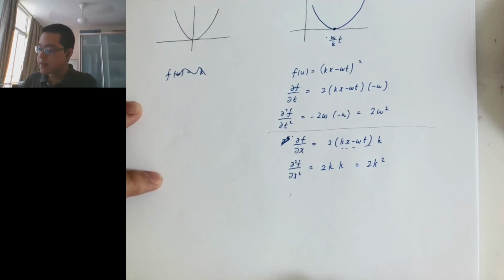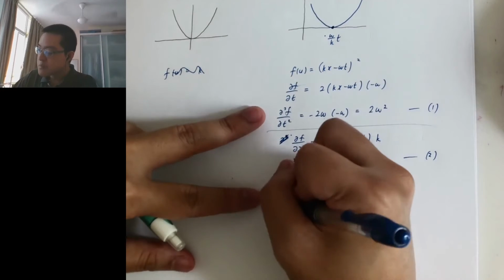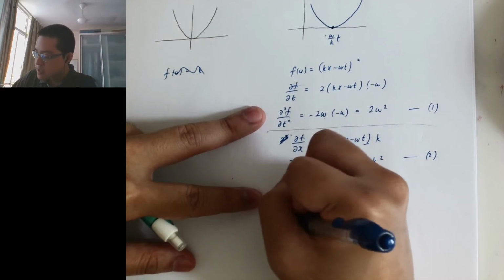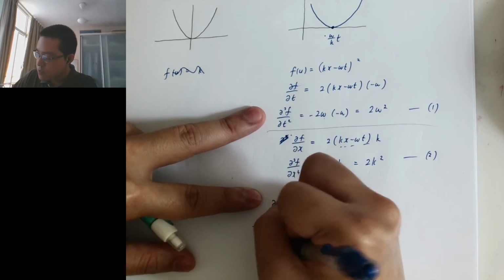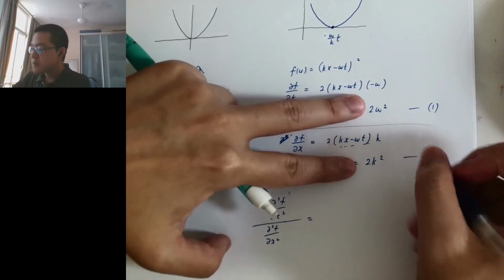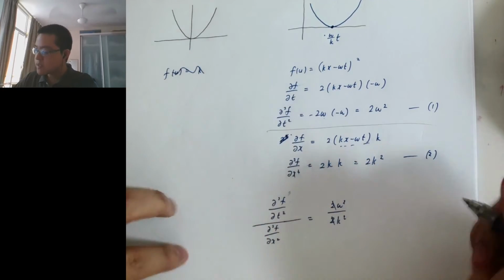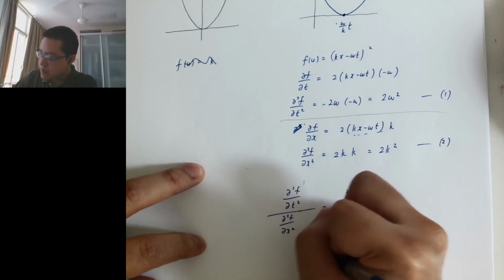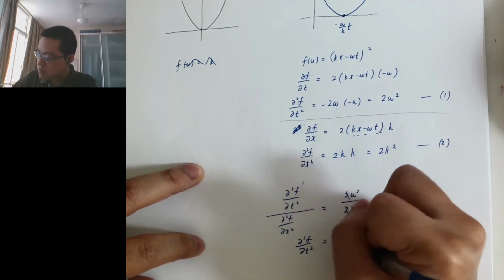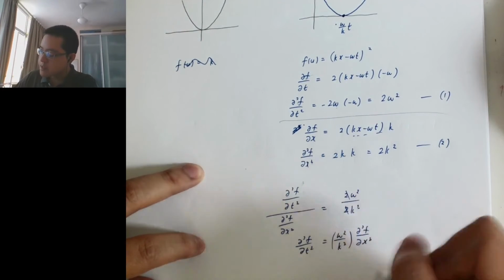Then let me take equation 1, divide by equation 2, and see what happens. Partial squared f over partial t square divided by partial squared f over partial x square is equal to 2 omega square over 2k square. Cancelling, I move this up, I got partial squared f over partial t square equals omega square over k square times partial squared f over partial x square, and this one was your v.